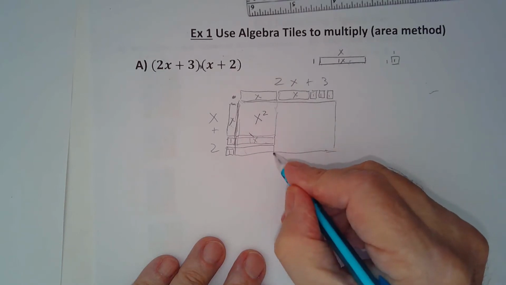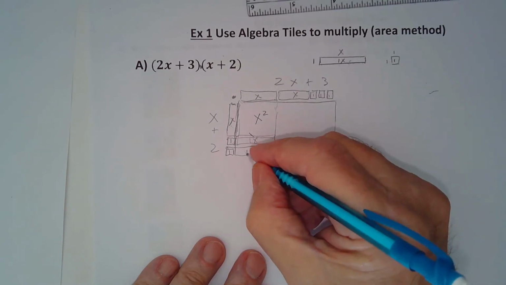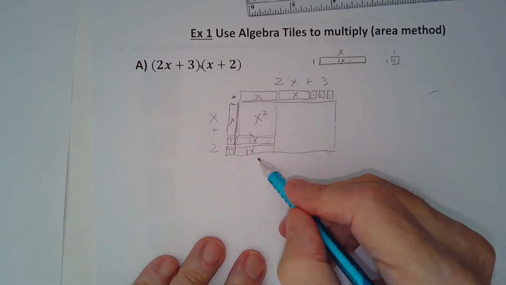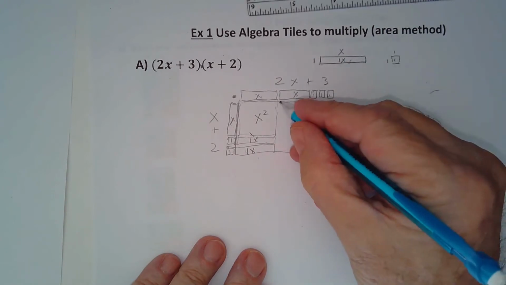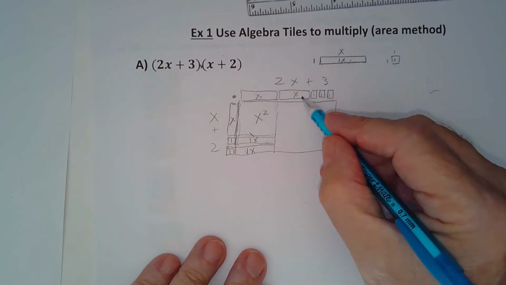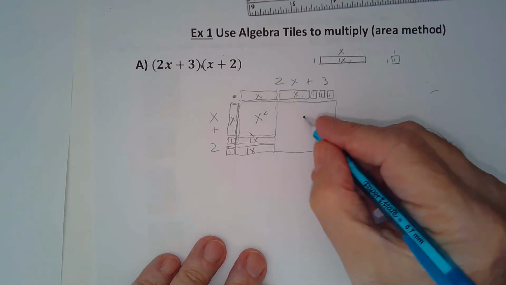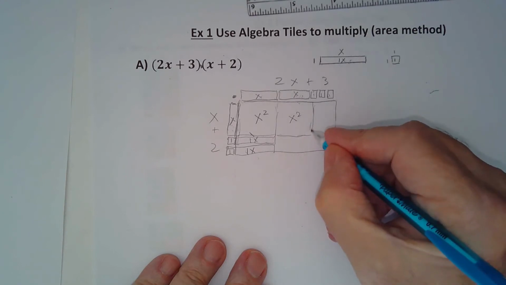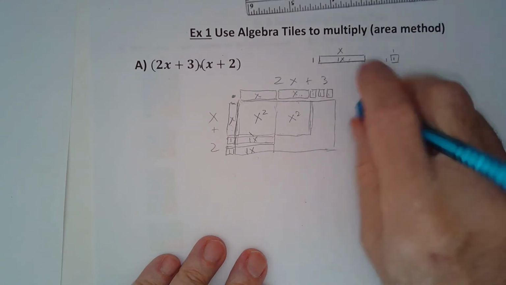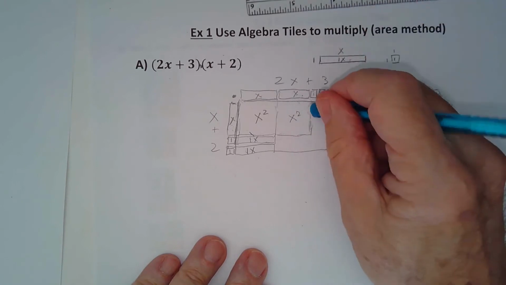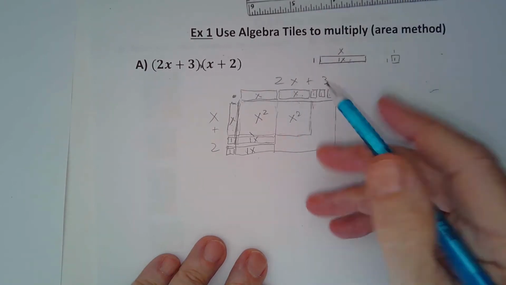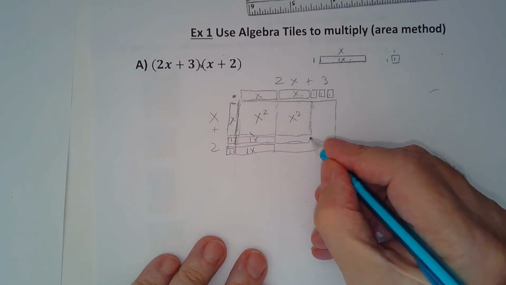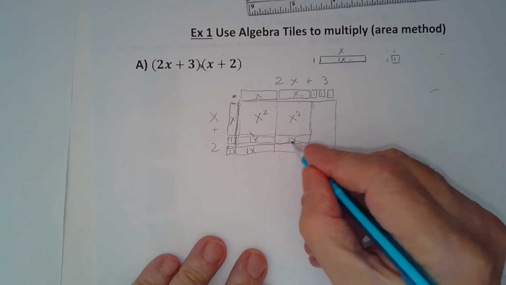And I'm going to do the same thing down here, 1x, because I'm multiplying 1 times x, I get 1x. The same thing going on here. In this case, the first one, I've got an x here and an x here. So x times x is, again, x squared. So I've got another square here, roughly. And then I've got 1 here and an x, so that's another 1x. And I got another 1x down here.